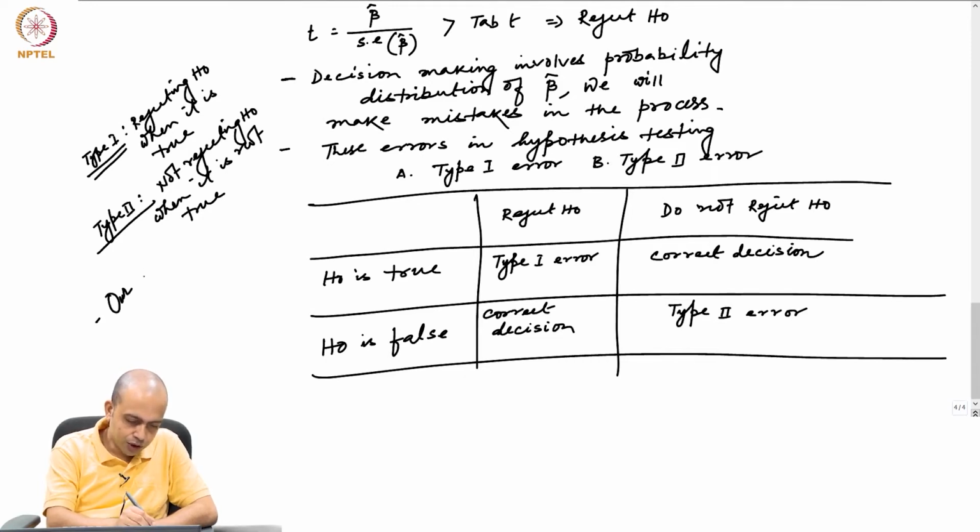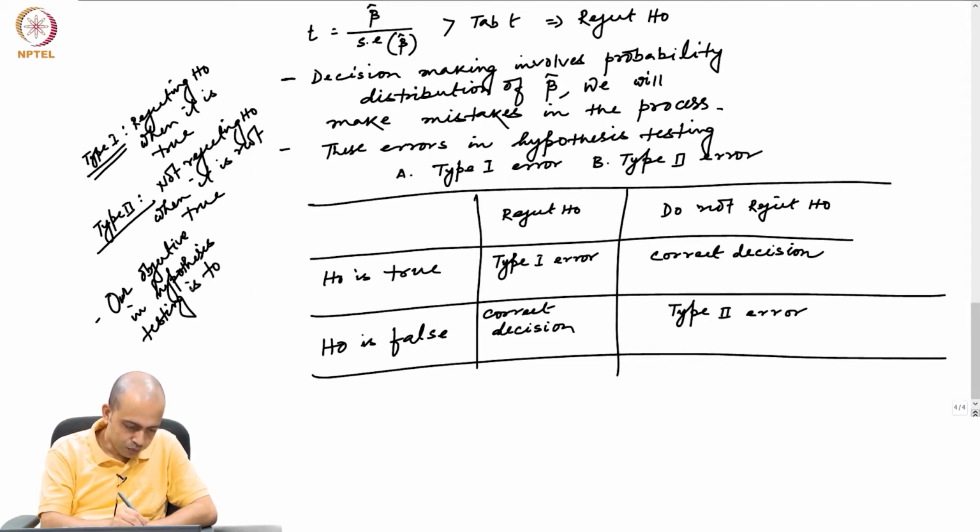Now, here in the hypothesis testing, as we said, our decision making rule involves some kind of error. We need to minimize these errors. Now, the question is, can we minimize both the errors simultaneously?